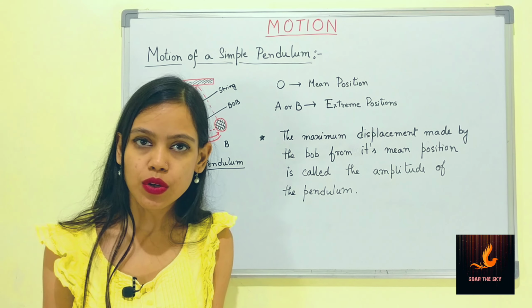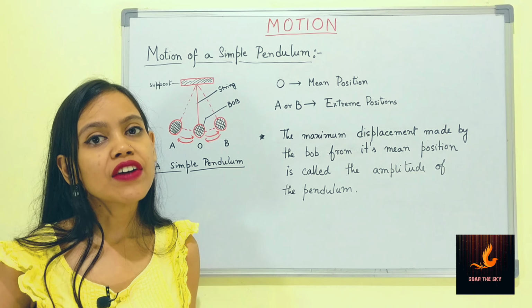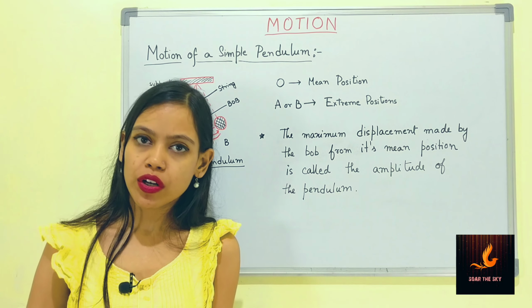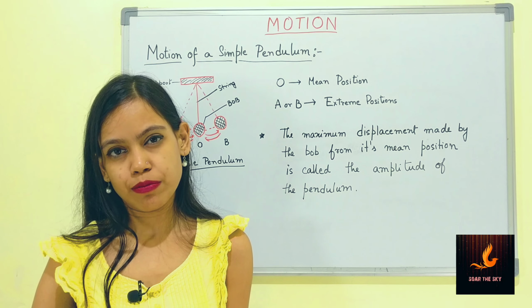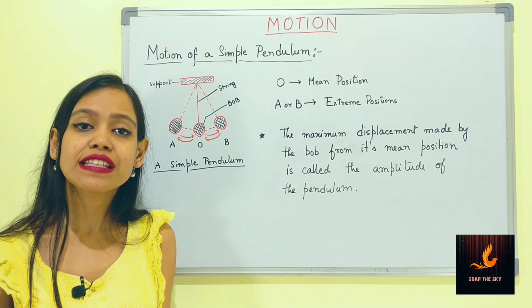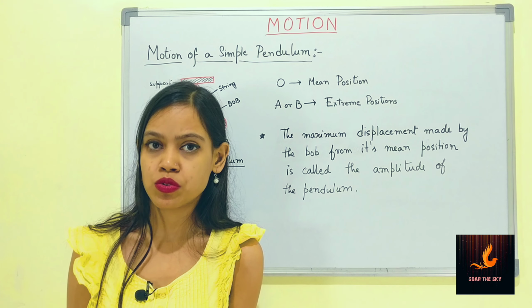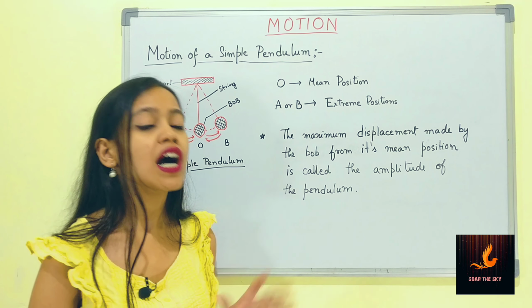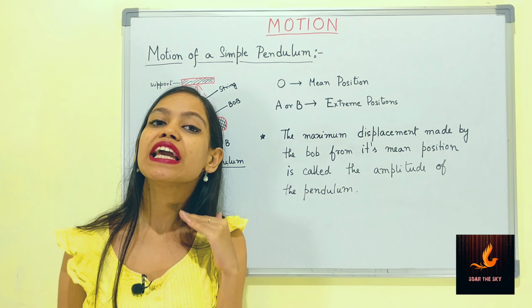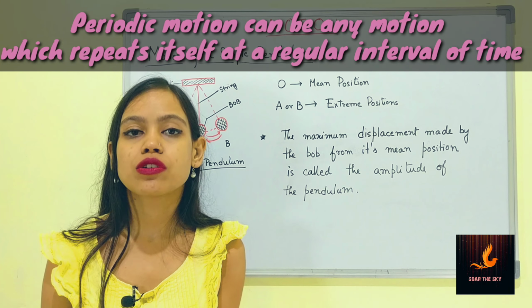In the last video, where we were talking about the various types of motion, I explained to you the periodic motion and the oscillatory motion. It's really very confusing at times because we have seen a simple pendulum as an example in all these types of motion. But let me tell you something. A periodic motion can be any motion that repeats itself at a regular interval of time.